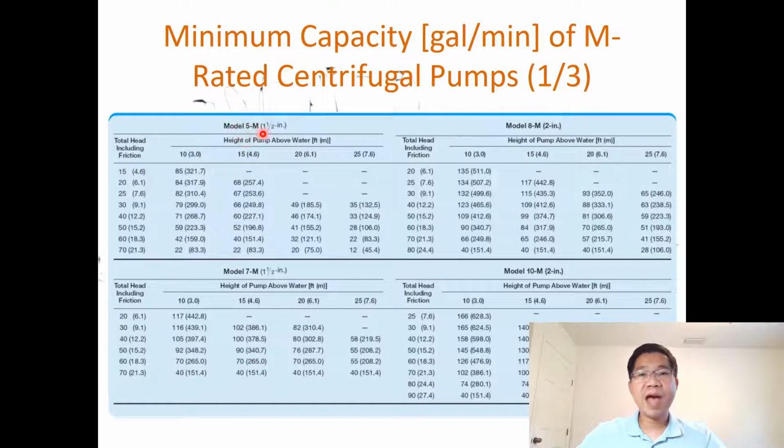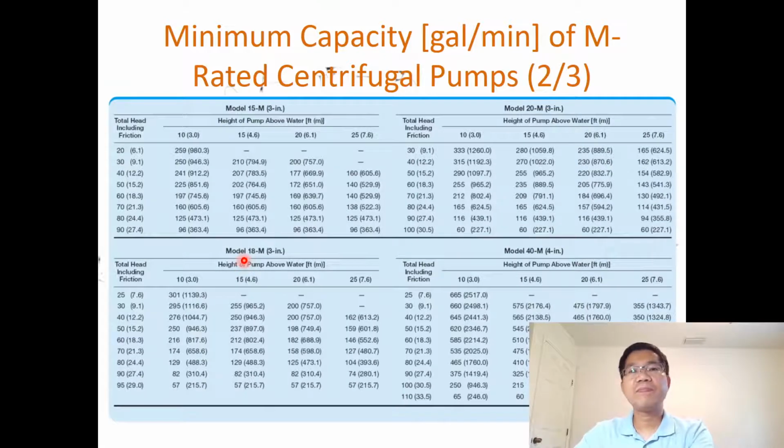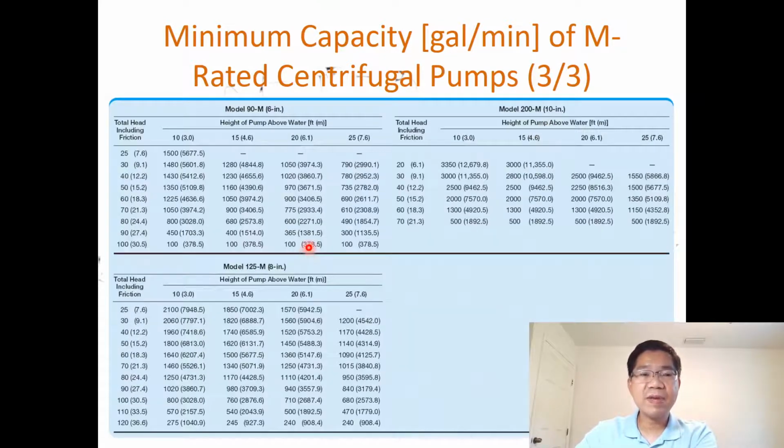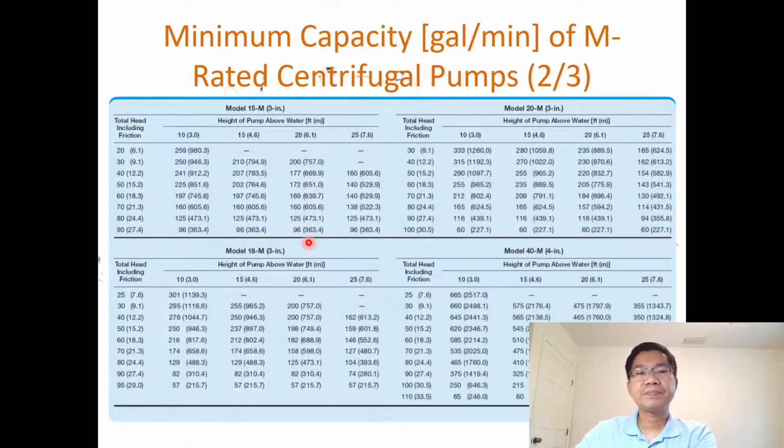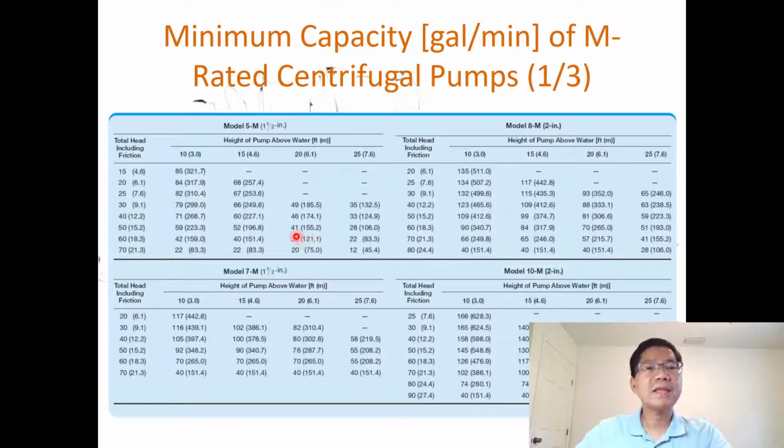So you have model 5, model 8, model 10, model 7, and on the next slide we have model 15, 20, 40, 18, and even bigger sizes 90, 200, and 125. So bottom line, first we need to select which pump is needed. Then it is based on what? The first is the friction loss, the total head loss, including friction.